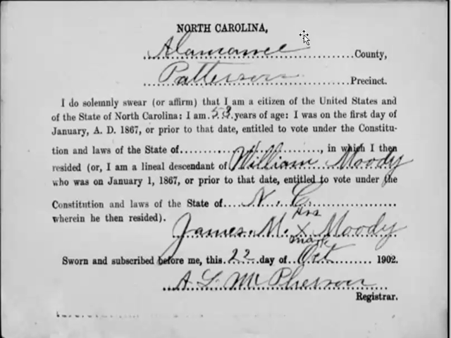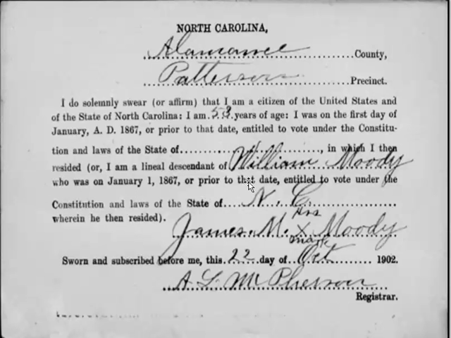Here's an example of a grandfather clause here. Notice down here it says, I do solemnly swear and affirm that I am a citizen of the United States and the state of North Carolina. I'm 53 years old. And then it says, or I am a lineal descendant of William Moody. And so this shows that his grandfather voted. This allows him to vote.